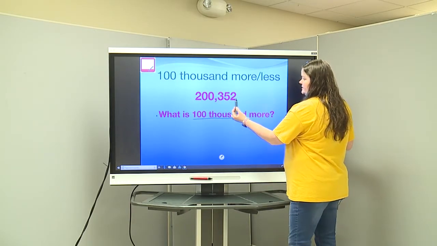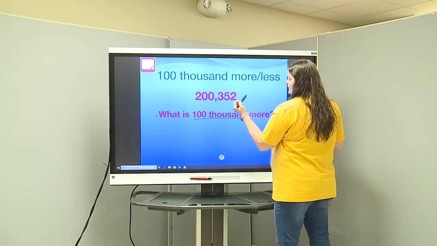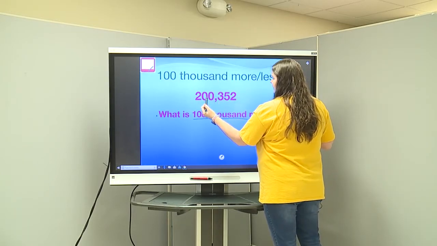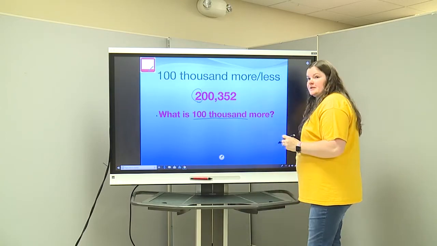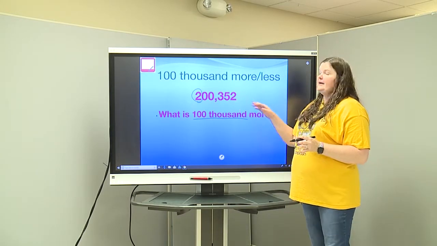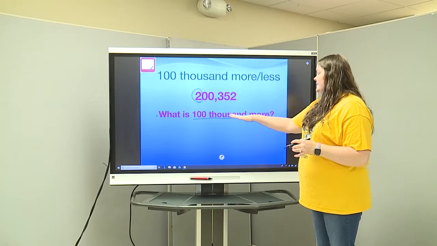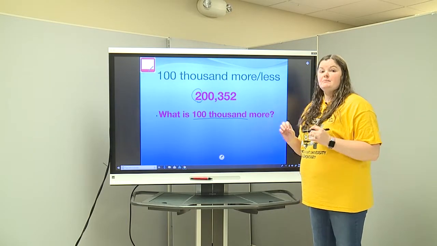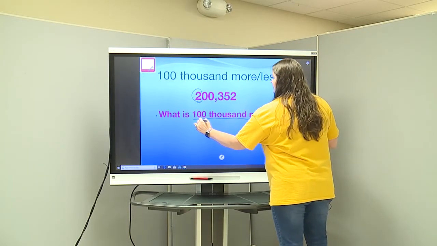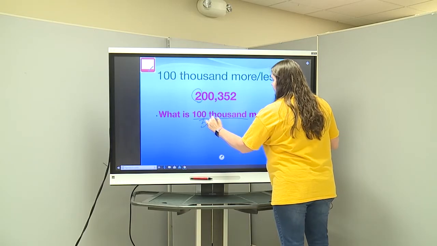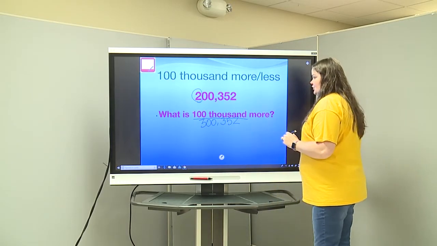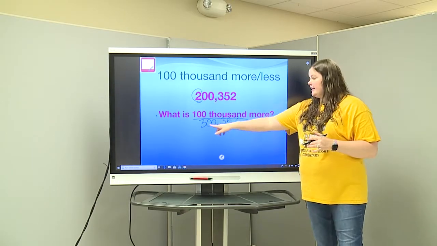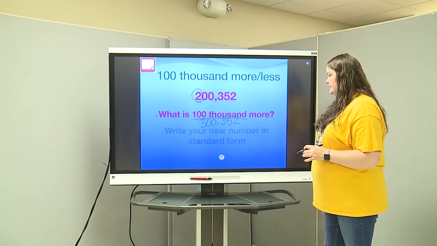So I've got ones, tens, hundreds, thousands, 10,000s, and 100,000s. So if I'm at 200,352 and I wanted to add 100,000 more, that new number would be 300,352. So all we did was we changed that 100,000s place.